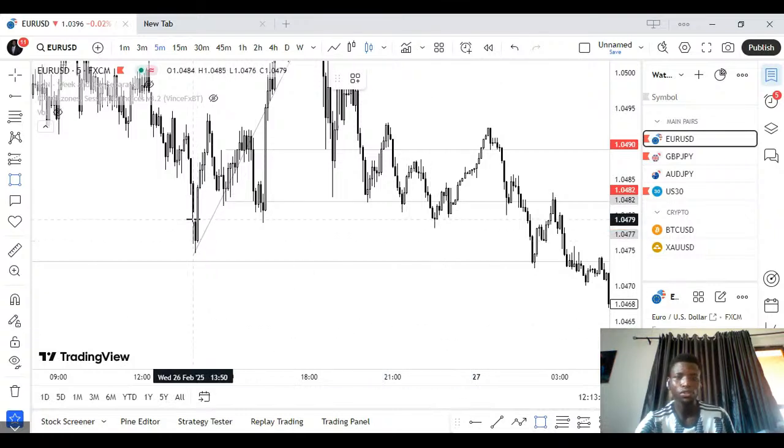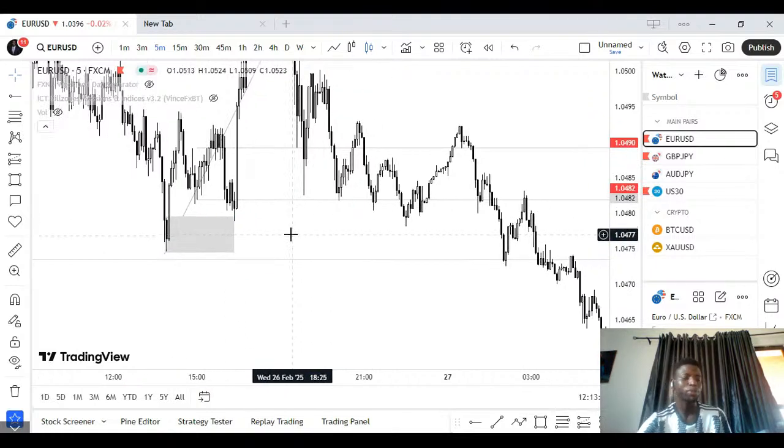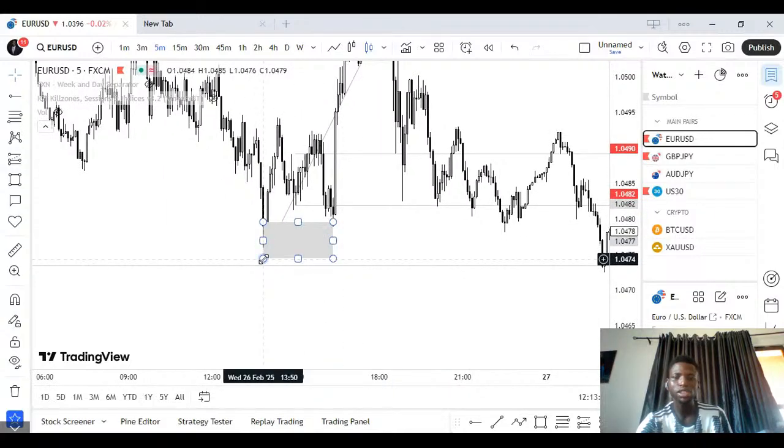For me, I was not even on the chart. Like I told you guys, the way I trade is I mark where I'm interested. So when price hits it, I get a notification on my phone. That's when I come to the chart. I'm not sitting with the chart 24/7. No, I'm not. But if you were on the chart and you missed this entry, you would have gotten into this continuation.